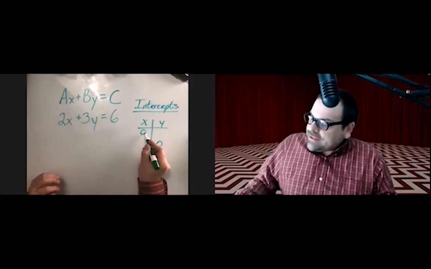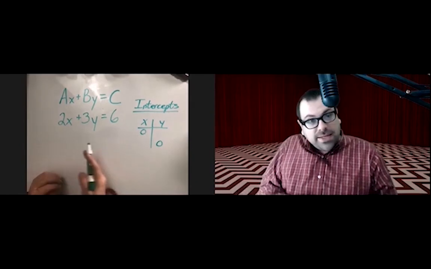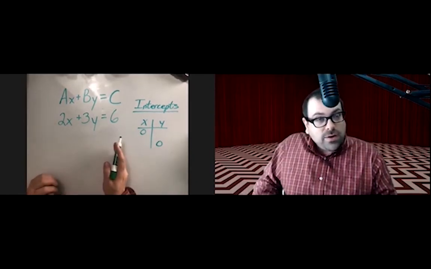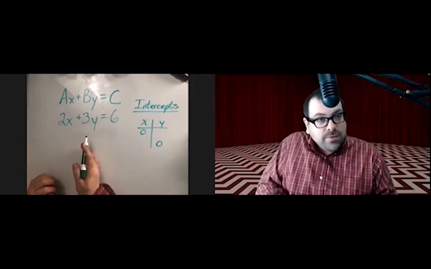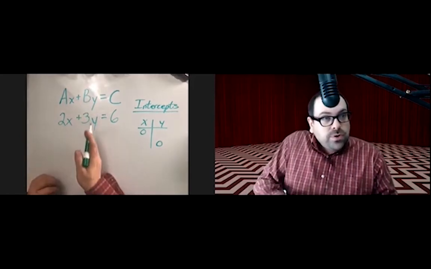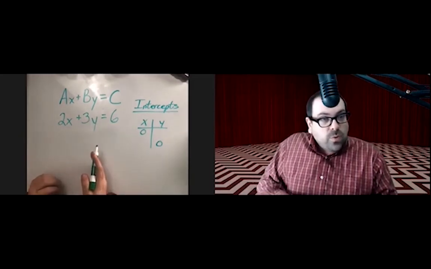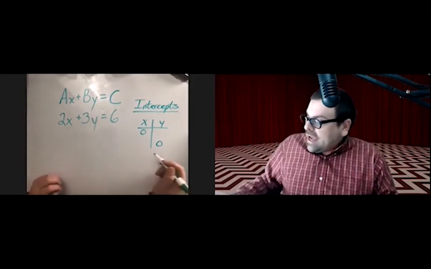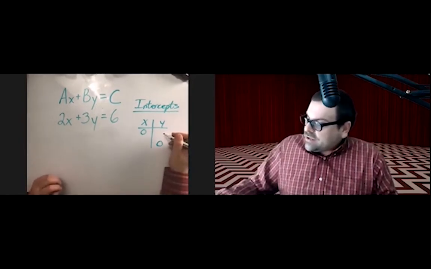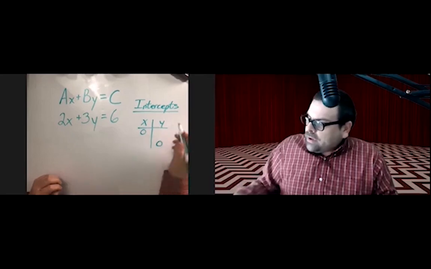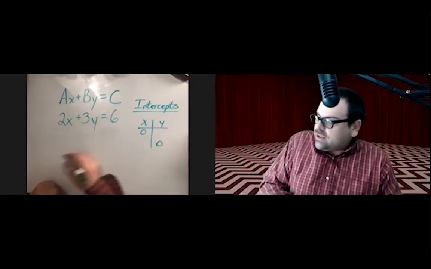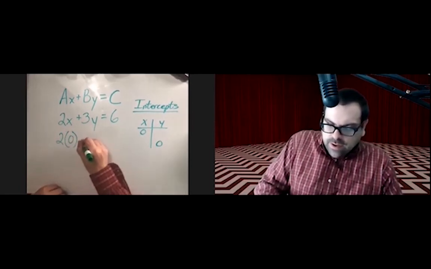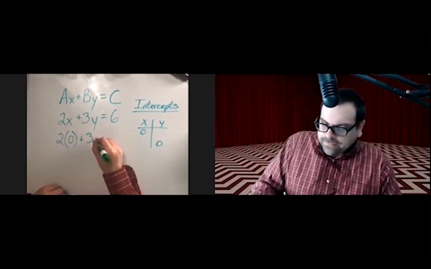The one where x is 0 means that we don't move left or right on the x-axis. We do move up or down along the y-axis, and whatever point that is, it crosses the y-axis. It is the y-intercept. How do we find it? We plug 0 in for x and solve for y.